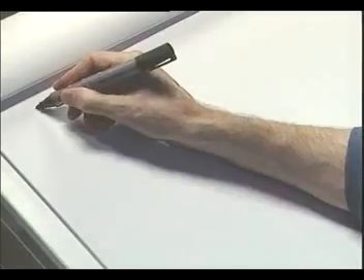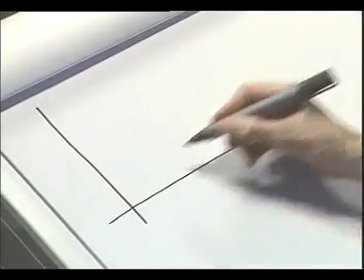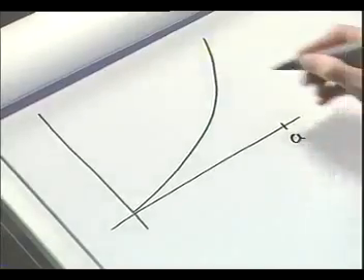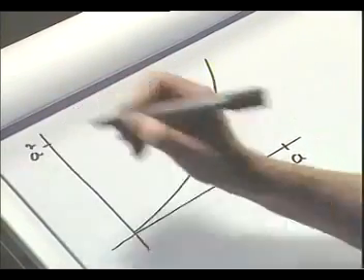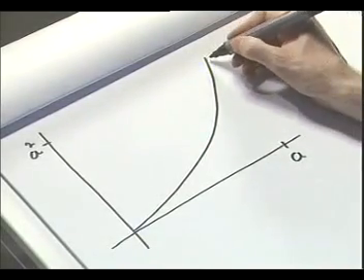So let's draw our curve again. We take a there, and so this will be a squared there for the curve y equals x squared.